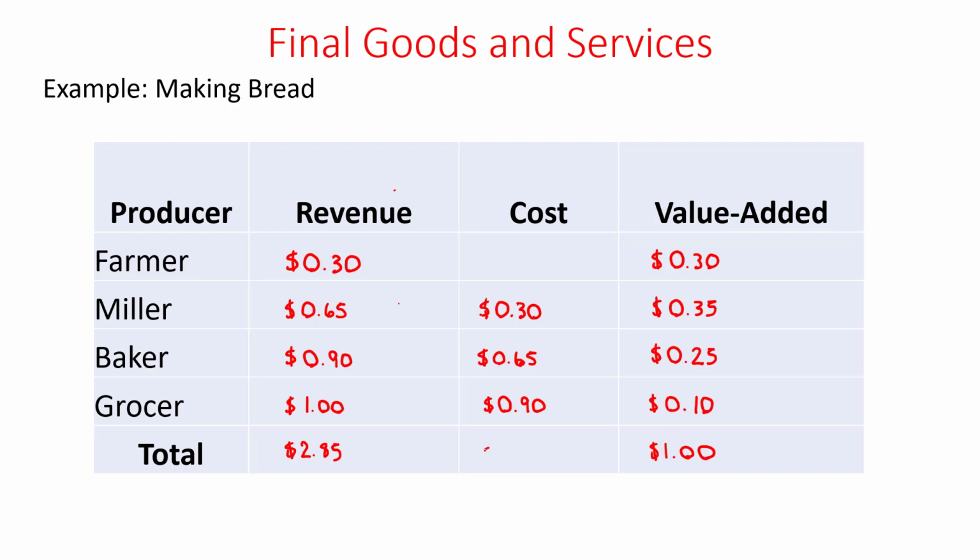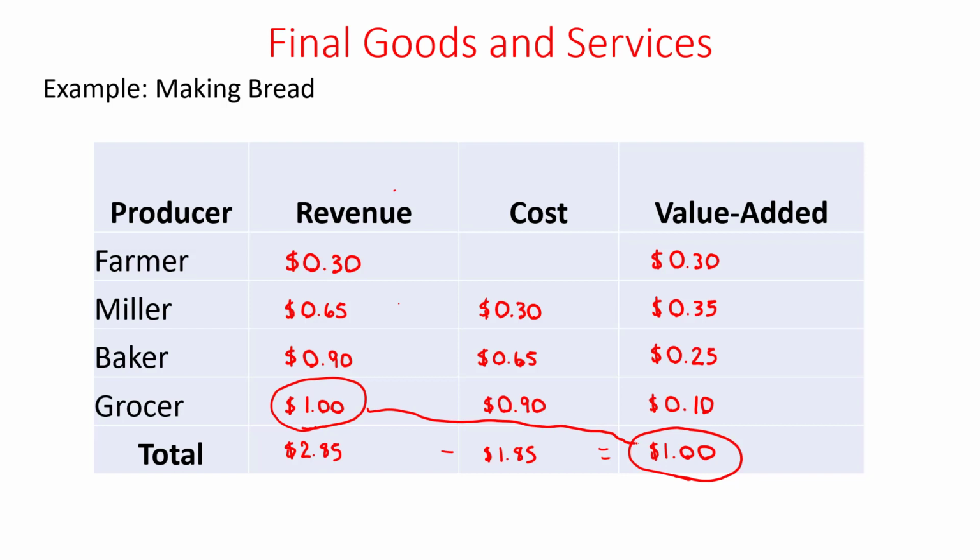So if you add up the cost, you're going to get $1.85. So the revenues minus the cost equals that value added. And notice that the value added is going to be the same thing as the selling price of that good to the ultimate user.